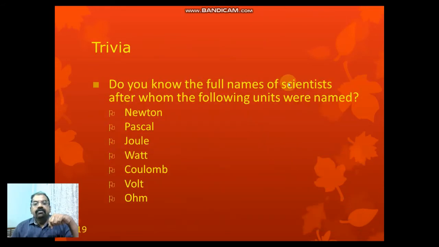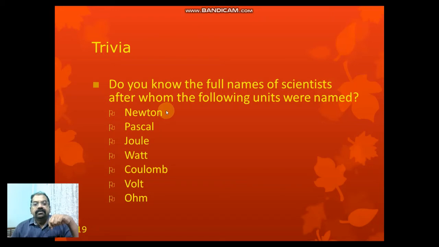So do you know the full names of the scientists after whom the following units were named? Newton, Pascal, Joule, Watt, Coulomb, volt and ohm. Let me give you this question in the classwork.